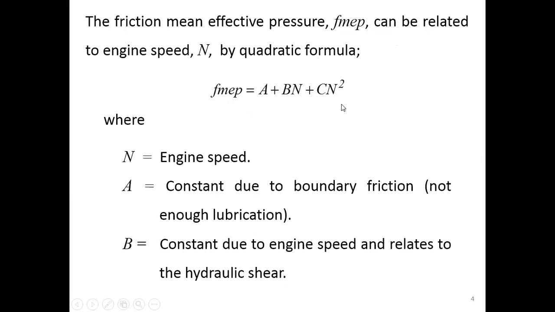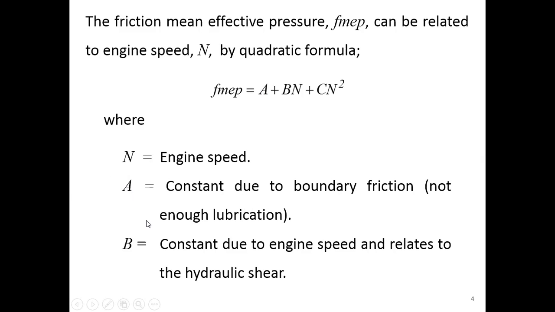In the quadratic form, the speed of the engine is to the power 2, and N represents the engine speed. The constant A is a constant due to the boundary friction that happens because of not enough lubrication. So if the engine does not have enough lubrication, this constant A will be high.